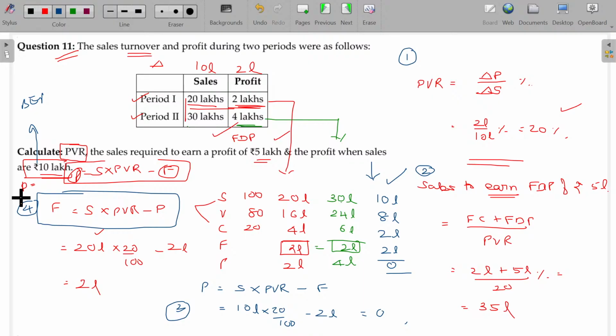Now, shall I move on to the next one? Try the next illustration, make it faster.